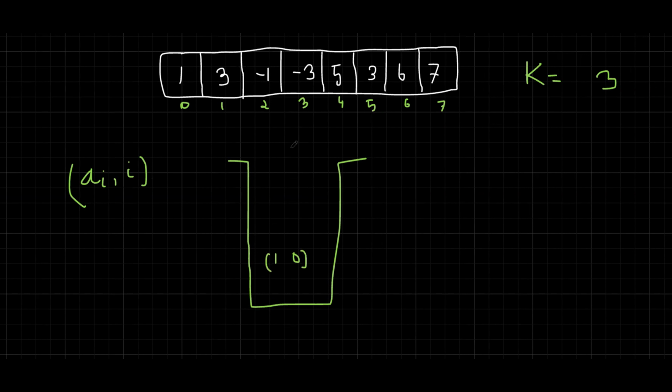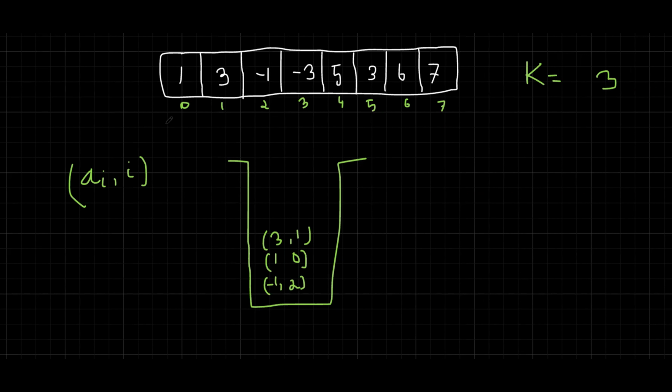Now, for this 3, we have to store 3, 1 as a pair, where 3 is the value and 1 is the index number, and it will be above the value 1 because of the maximum priority queue. Now, for -1, we have to store -1 and 2 at the bottom of the priority queue.